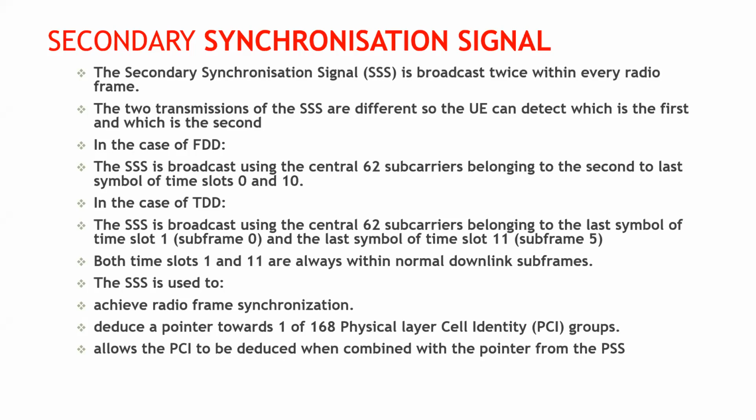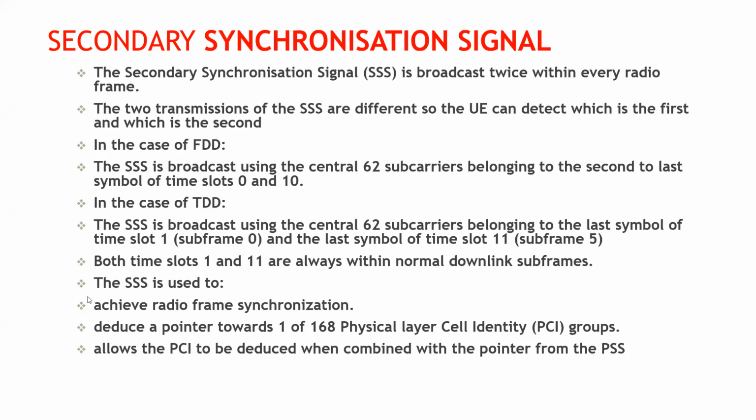As I said, in case of FDD, the secondary synchronization signal is broadcast in the second to the last symbol of time slot 0 and 10. In case of TDD, the SSS is broadcast using the last symbol of time slot 1 and the last symbol of time slot 11.